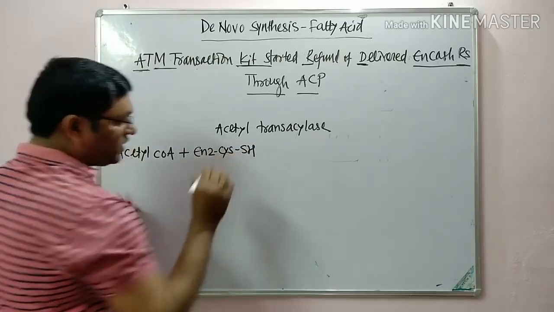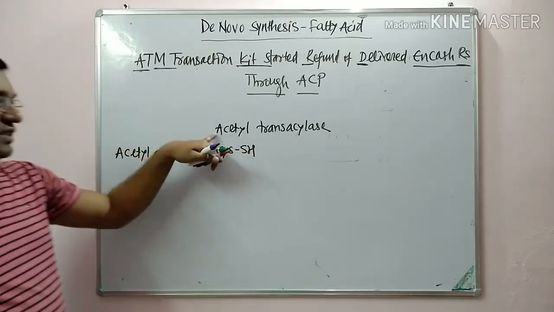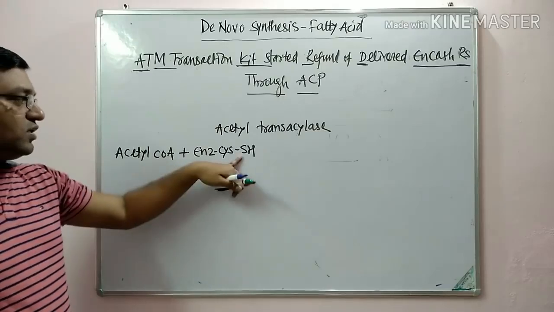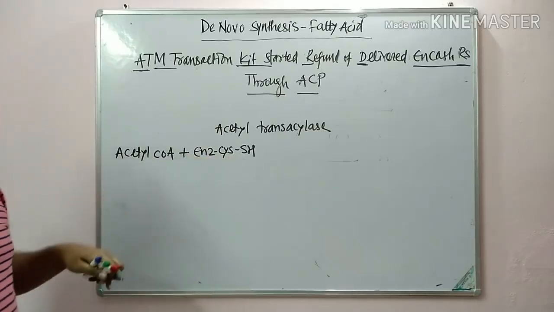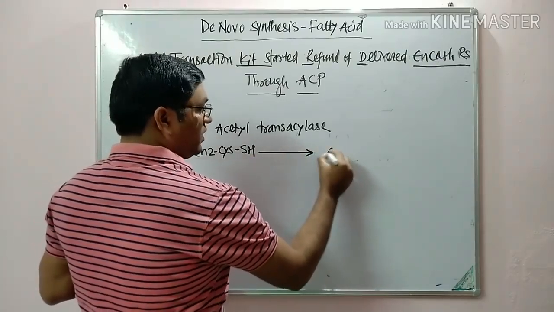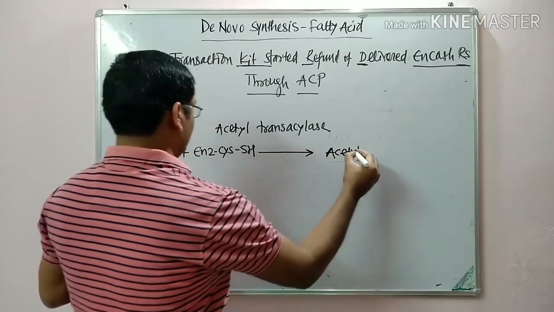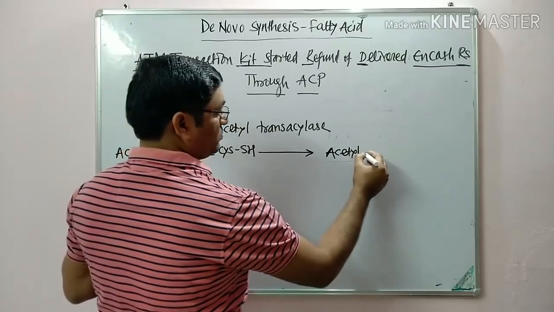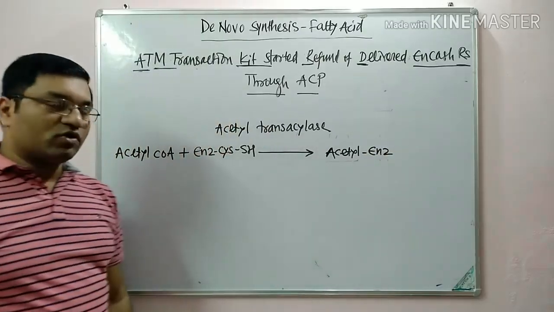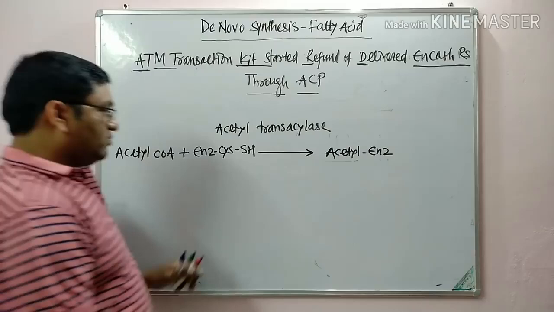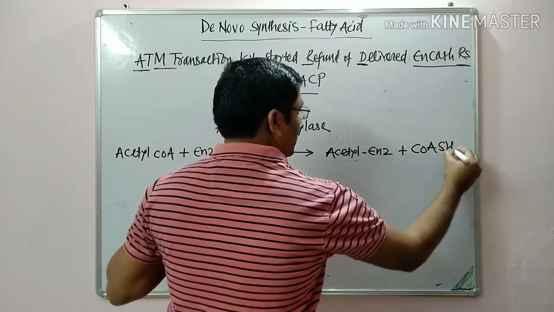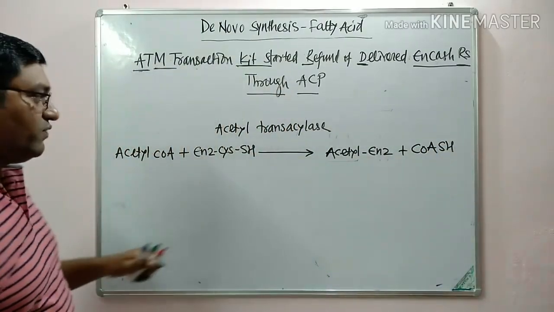So this is the sulfhydryl group of the enzyme. It transfers the acetyl group to the cysteine of this enzyme, leading to the production of acetyl enzyme, and there is release of coenzyme A, SH form. So this is the first step.